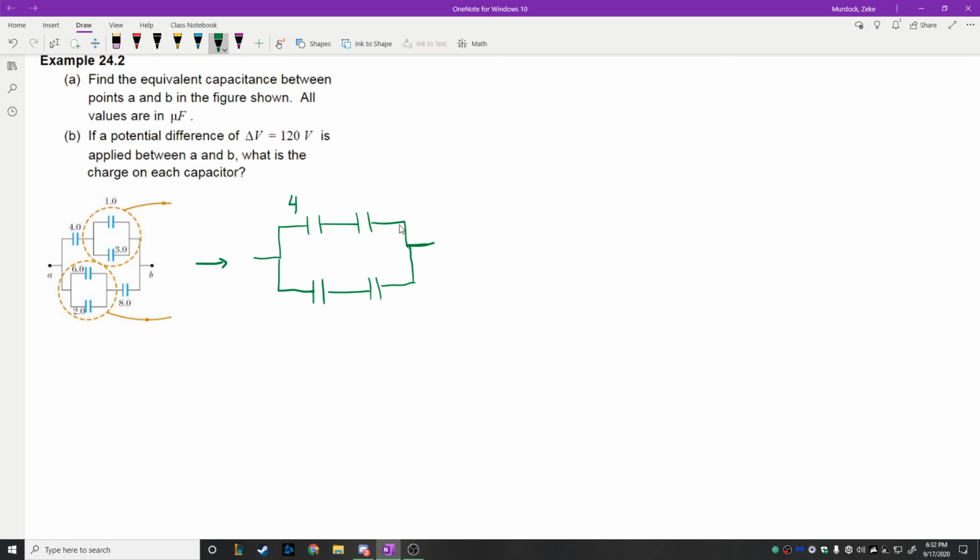What's the equivalent capacitance of those going to be? The 3 and the 1, when we combine them together, what's the equivalent capacitance going to be? 4, that's right, you just add them. Down here, 6 and 2, you add them together, you get 8. The other one already was 8.